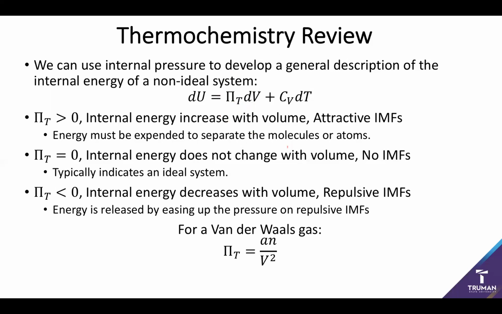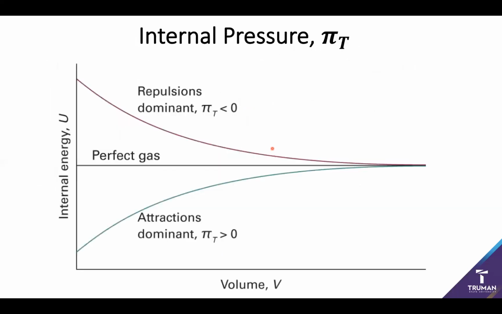So there's a certain similarity between this internal pressure PV sort of energy and the ones that we've seen previously. So again, we can also look at this from a more visual perspective. You can imagine I have a gas that has a lot of repulsive forces, at which point my internal pressure is less than 0. And this means that the gas is going to naturally want to repulse and expand out.